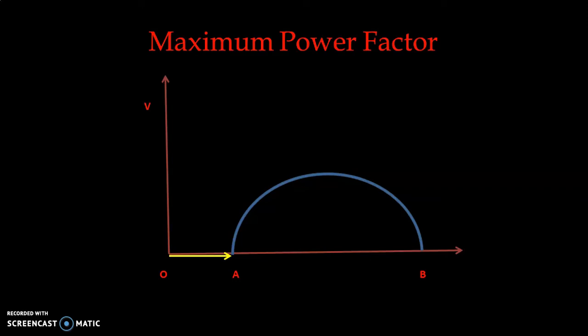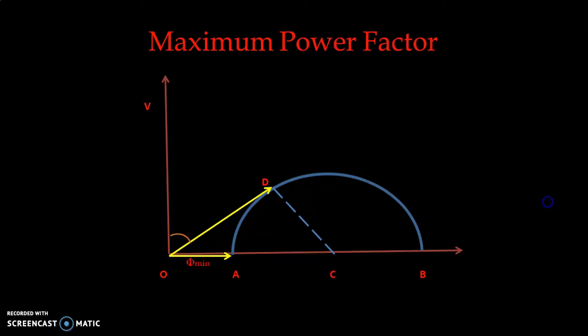So if we draw the full load current line which is tangent to the circle diagram, that is line OD. OD is our full load current line, and it is tangent to the circle diagram. If we take the center C, and draw a line DC which is perpendicular to OD, it makes an angle of 90 degrees with OD.